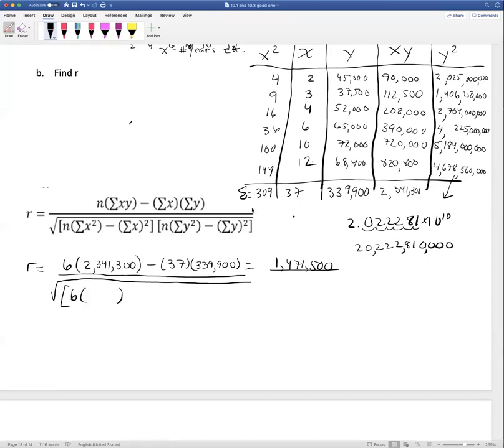Sum of x squared is 309, minus sum of x quantity squared, so this is minus 37 squared. Okay, that's the first bit, times n, which is 6. Sum y squared is that big number. Minus sum y quantity squared, so this guy.